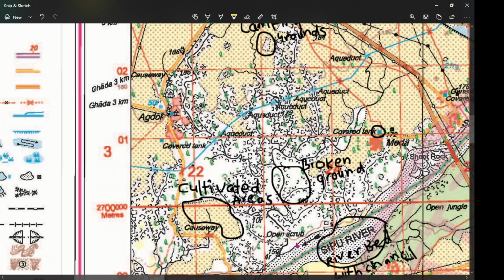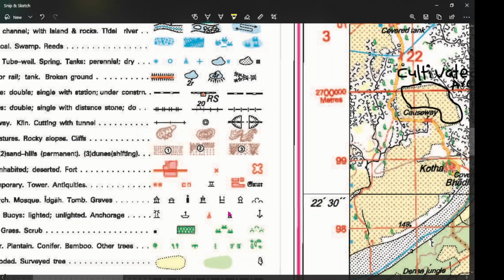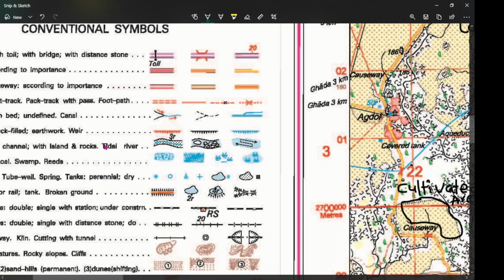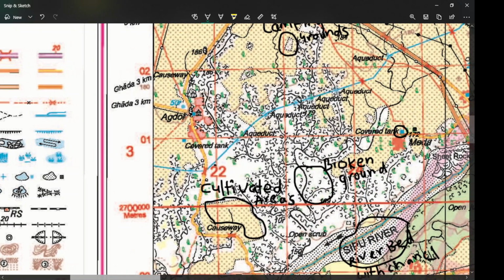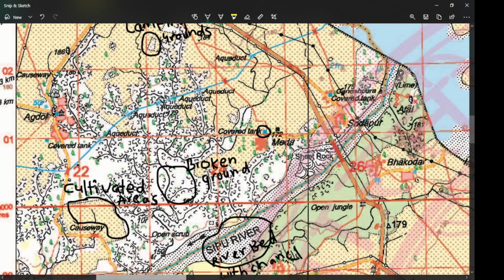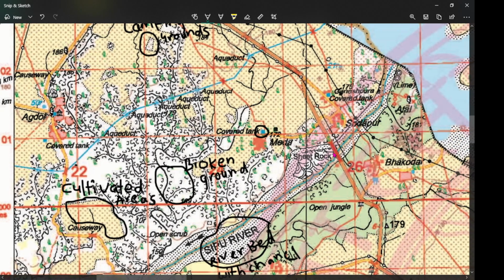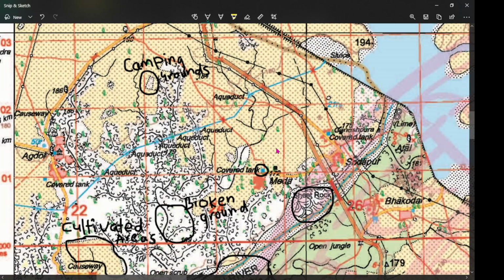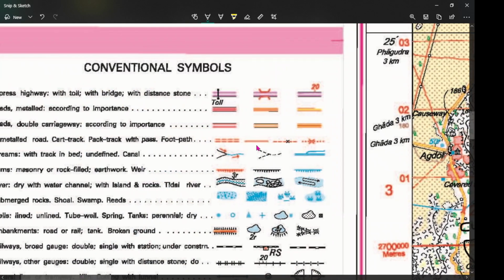Besides that, with some islands and rocks, so river channels with islands and rocks, this is the symbol. We can see them over here. These orange lines are here.